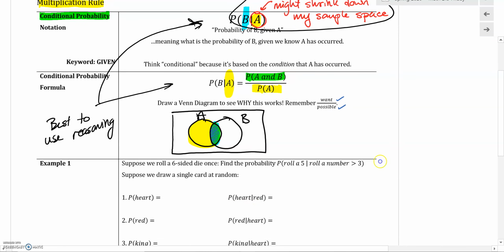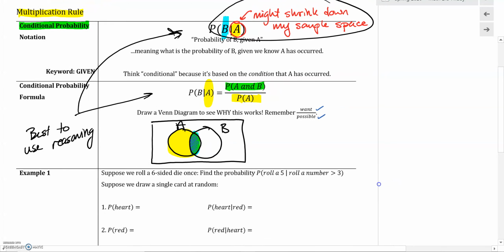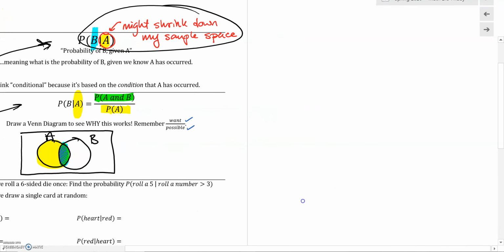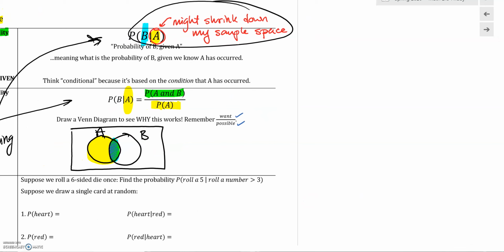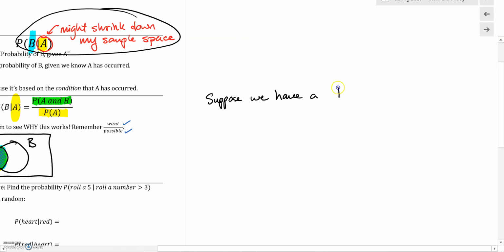Before we do some of these examples, I want to come off to the side, and this might take the rest of the video, I don't know, but a great way to think about these is to think about a bag of marbles. Okay, so I'm just going to make one up. Suppose we have a bag of marbles. So let's say I've got 8 red marbles numbered 1 through 8.